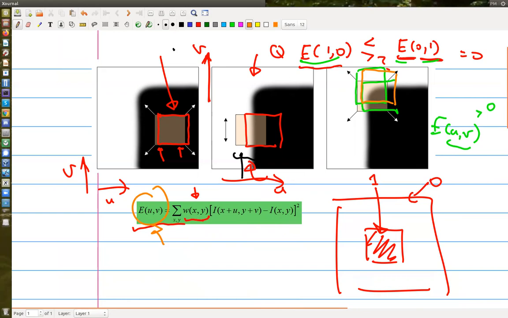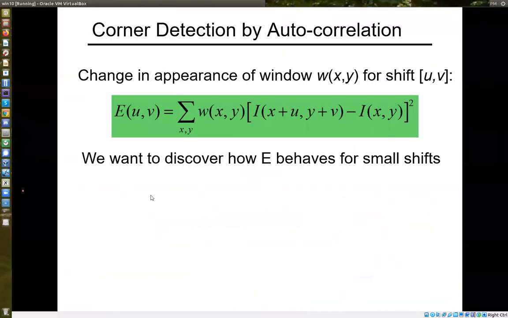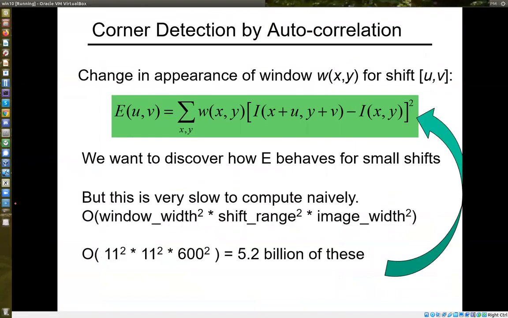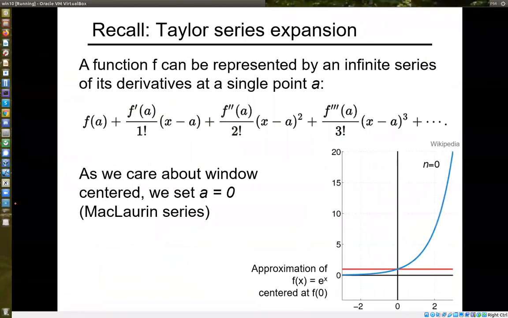So what I'm going to do to speed it up is use a Taylor series expansion. If you remember the Taylor series expansion, this is a very nice slide, originally stolen from Wikipedia and then further stolen by me.